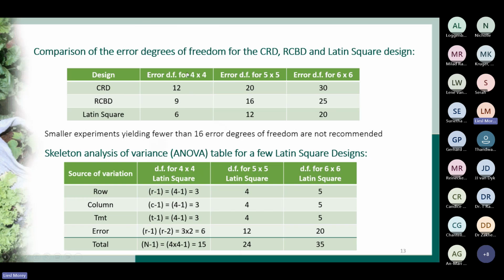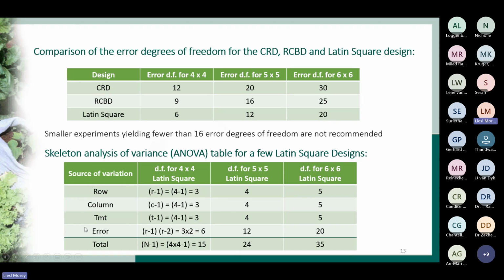So for 4 treatments randomized 4 times, for a completely randomized design, you will have 12 degrees of freedom. For randomized complete block design, you will have 9. And for a Latin square, you will only have 6. For a 5x5, you end up with 12 for the Latin square. And for a 6x6, you have 20 degrees of freedom for error.